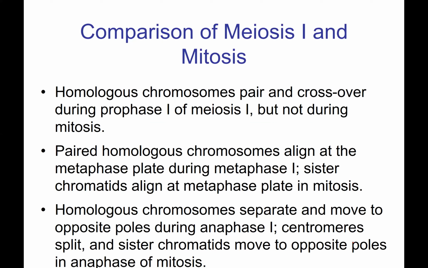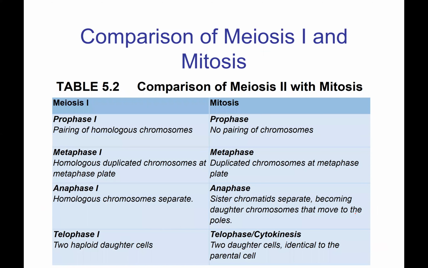And then in meiosis 1, during anaphase 1, those homologous chromosomes separate, and that's when you have a reduction in the chromosome number. But in mitosis, the centromeres split and chromatids are moved to opposite poles, and you have the same number. Okay, so this is the comparison of meiosis 1 and mitosis, what we just went over.